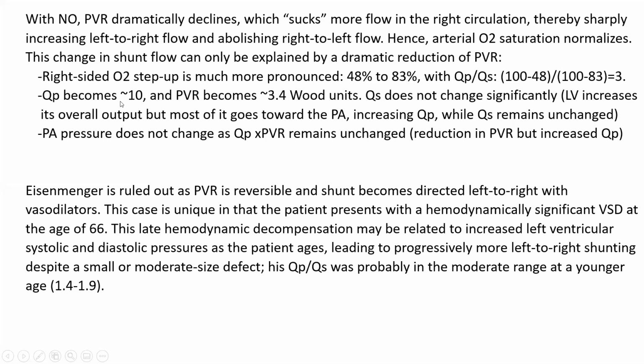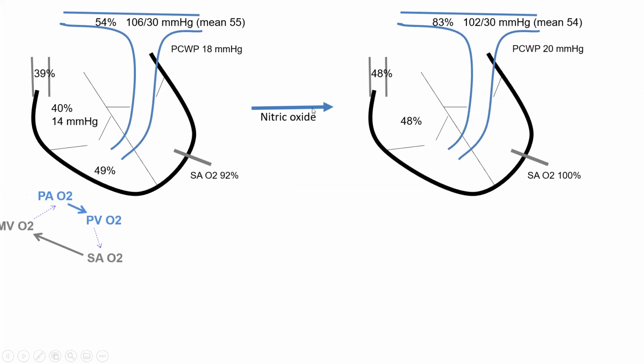QP became 10 liters per minute and PVR becomes 3.4. So we went down from 10 to 3.4, close to normal. Okay, so QP went up, and PVR dramatically dropped. QS did not change much because even though the right to left shunt dropped, the QS is increasing to pump more blood onto the right side.